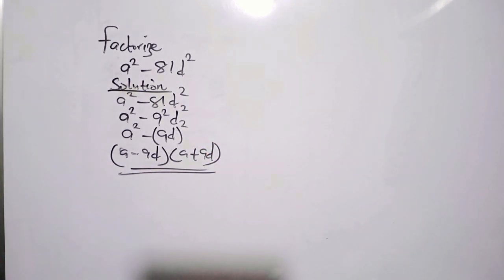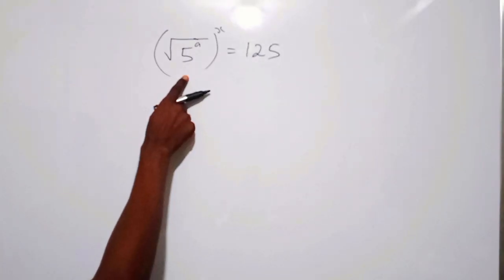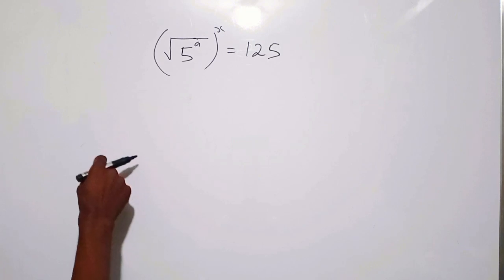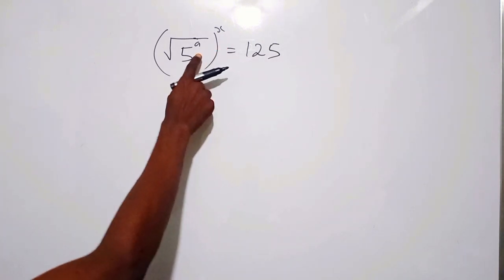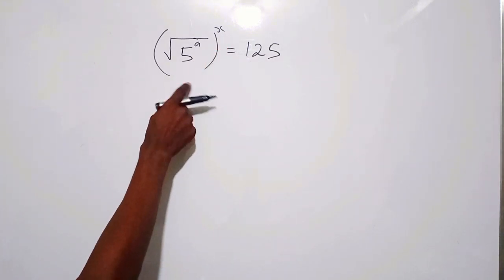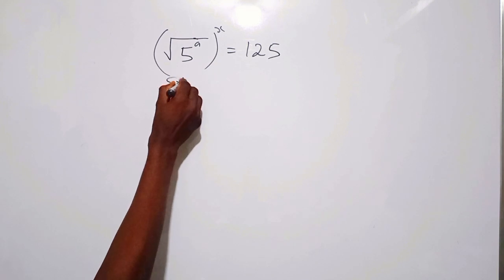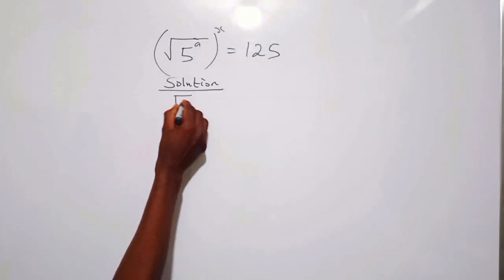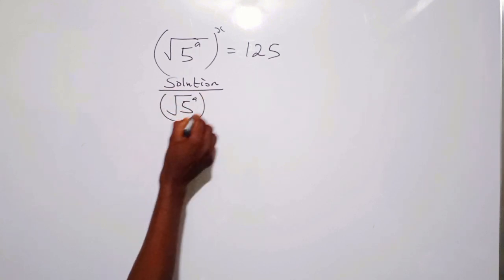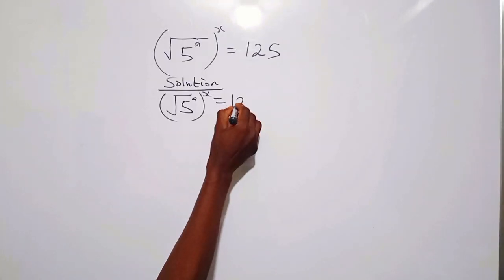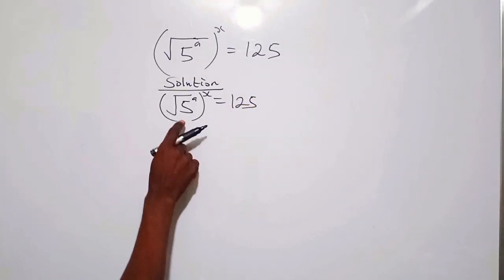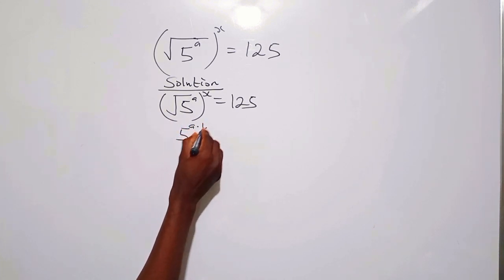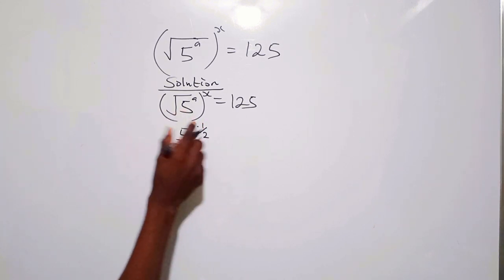Thank you very much. Root 5 raised to the power a, everything raised to the power x equals 125. So we have to express x in terms of a. How do we go about this solution? When we have root 5 raised to the power a, everything raised to the power x equals 125, we can write this as 5 raised to the power a times 1 over 2, which stands for the root.